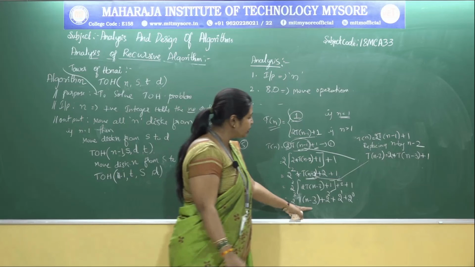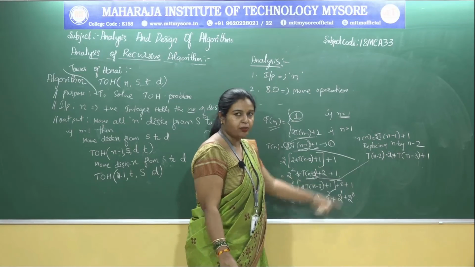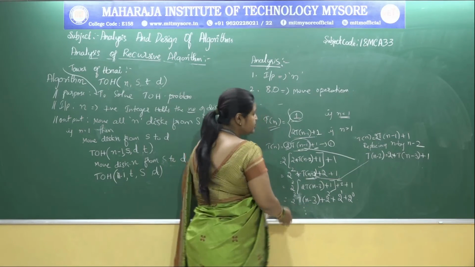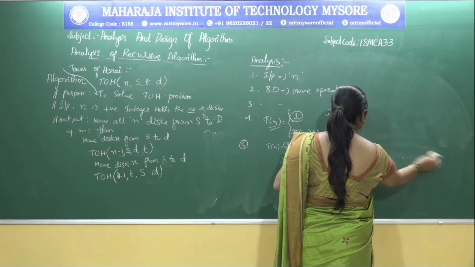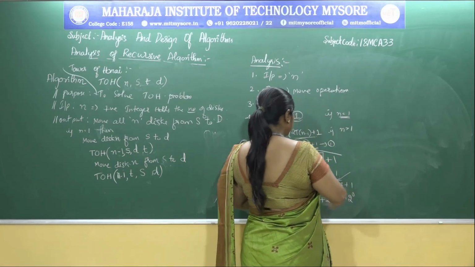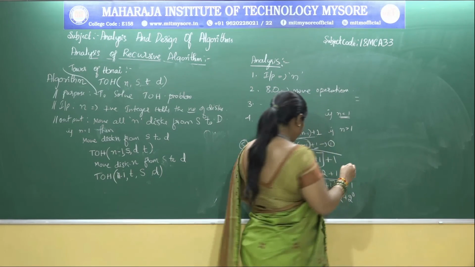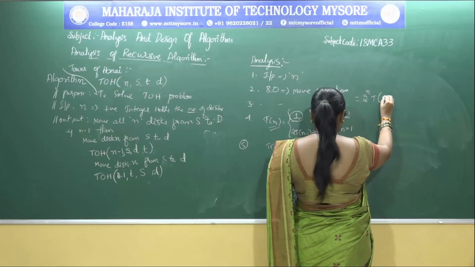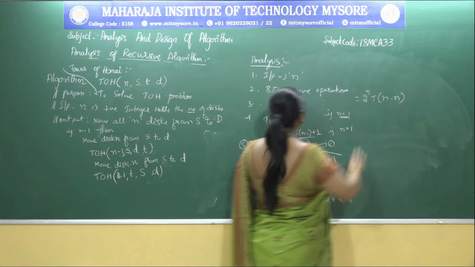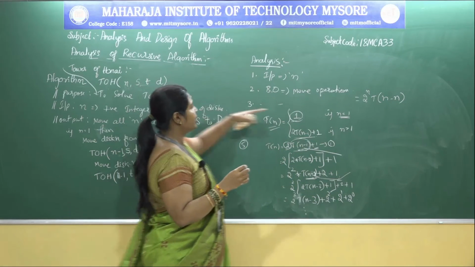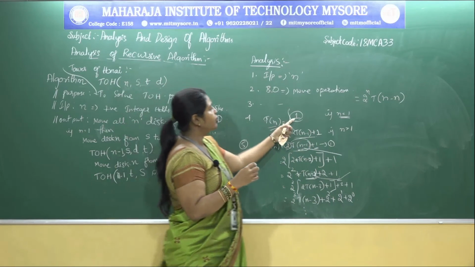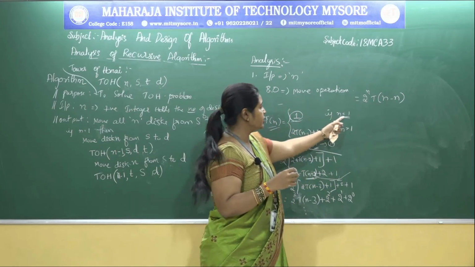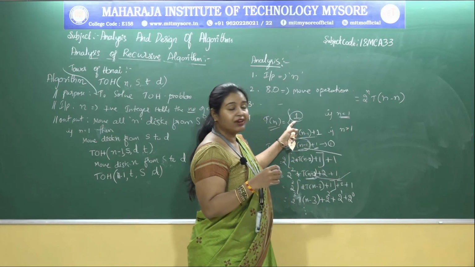So if you keep on calculating the values using the backward substitution method, the last term you are going to get, what you will get, is 2 to the power of n, T(n-n), but here we don't know the value for T(n-n). We know the value for T(1), right? If n is equal to 1, then the value is 1.